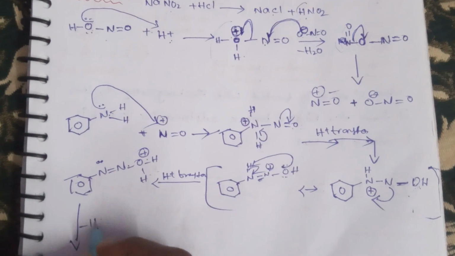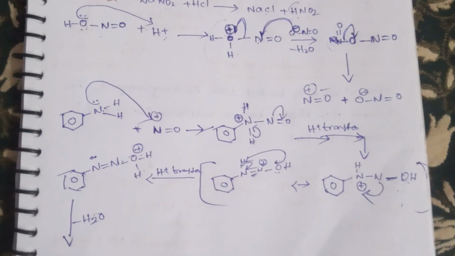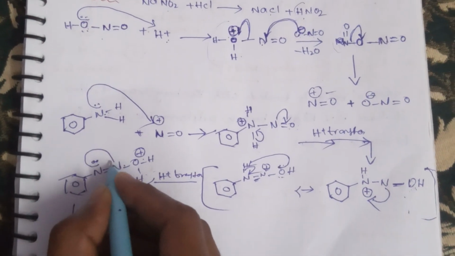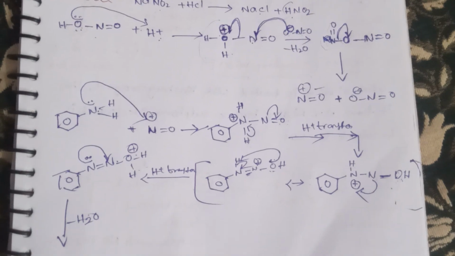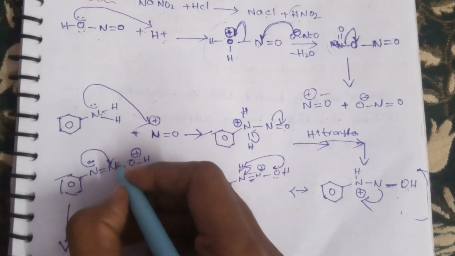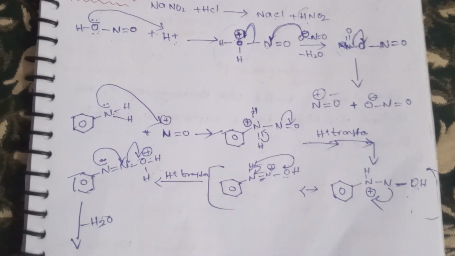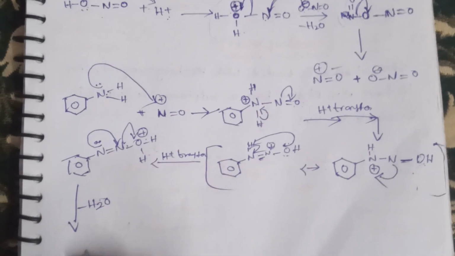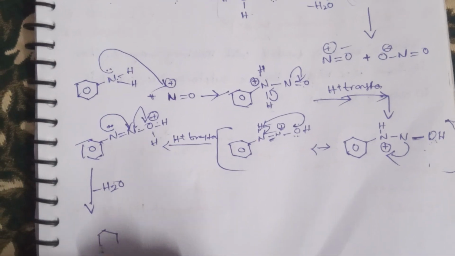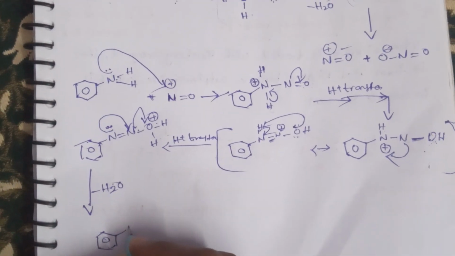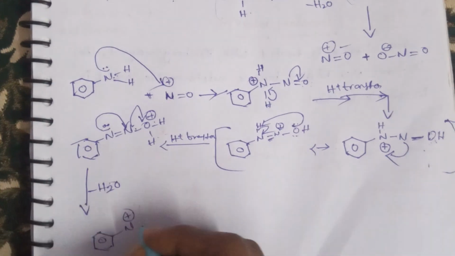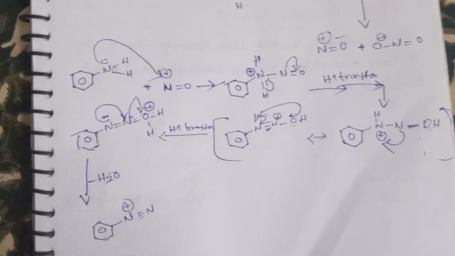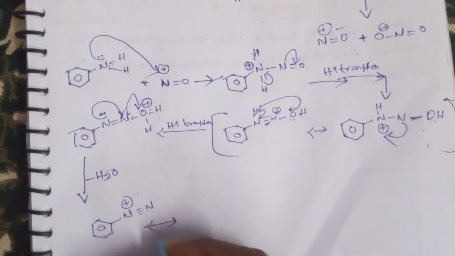So again removal of a water molecule. That means this lone pair of electrons is migrated like this, and this nitrogen and oxygen are like this. So after removal of the water molecule, the formation remaining is nitrogen with a positive charge and a triple bond N. Again this has resonating structures.